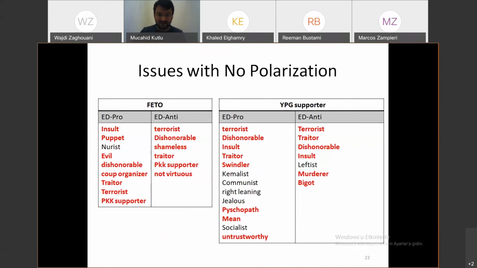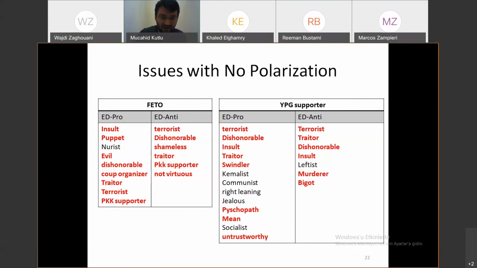But again, there are no positive words, and lots of words with negative sentiments. So it seems that people who disagree a lot on other politicians really agree on how they define the YPG or FETÖ and so on.